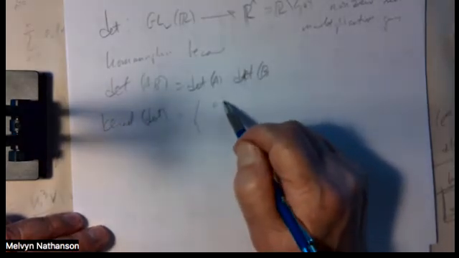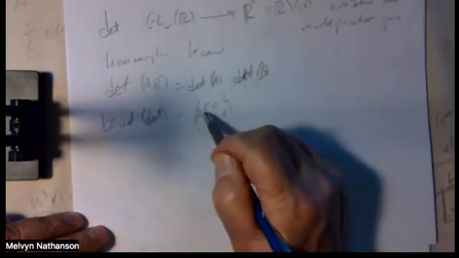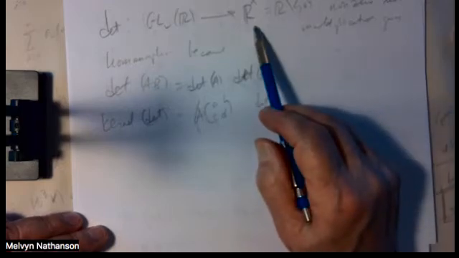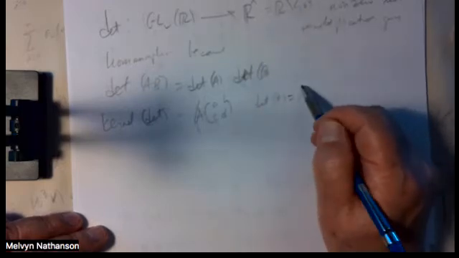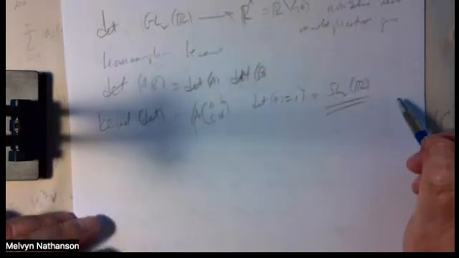This is all matrices A, B, C, D such that the determinant of A is the identity. What's the identity for the multiplicative group of the reals? It's just the number 1. So this is all matrices with determinant 1, which is the group I called SL2R.